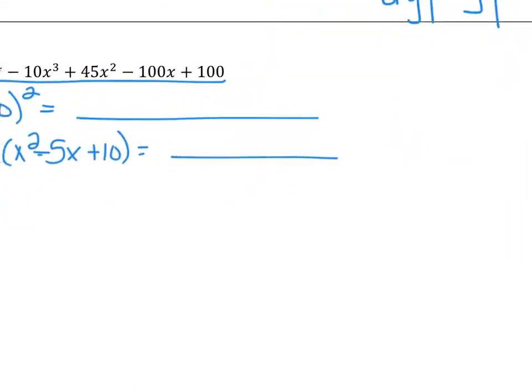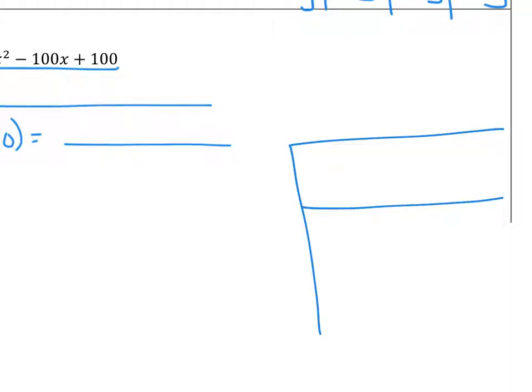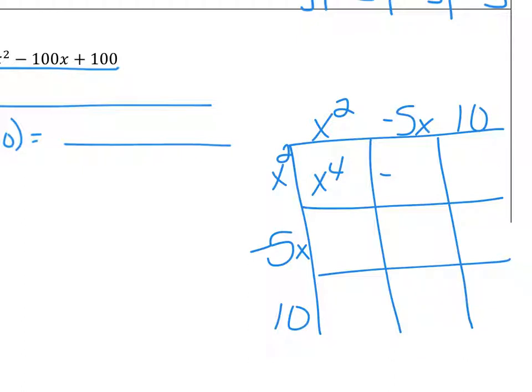I'm just moving it over here so I have a little more space. I have a trinomial times a trinomial, and it's x squared minus 5x plus 10 on both sides. Since I'm squaring it, each term has to multiply times each term of the other one. So it's x to the fourth, negative 5x cubed, 10x squared, negative 5x cubed.